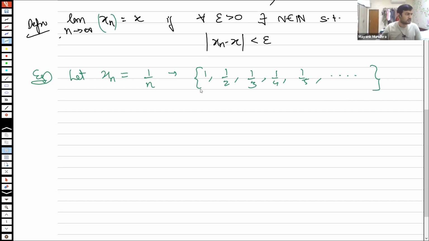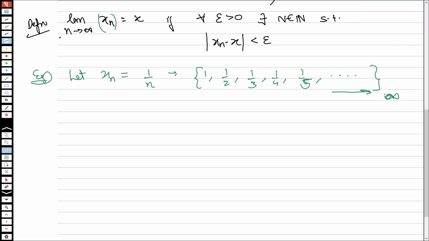Okay, so let me ask this question to Ananya. So Ananya, where do you think this sequence is headed to at infinity? What is the limit of this sequence? So I think there will be no limit. Up to infinity it will be there.